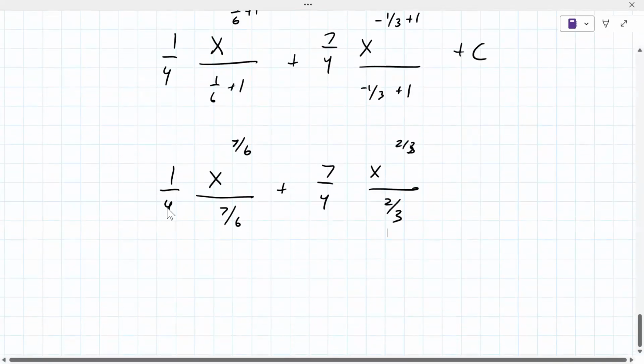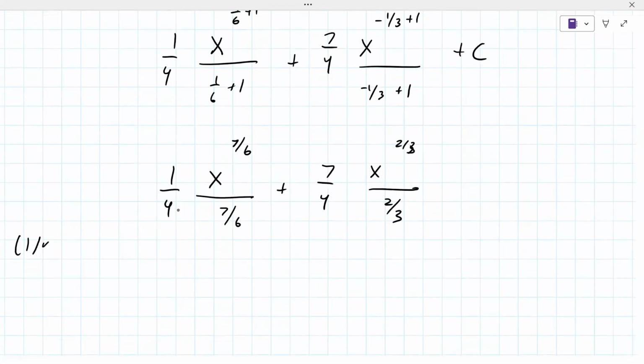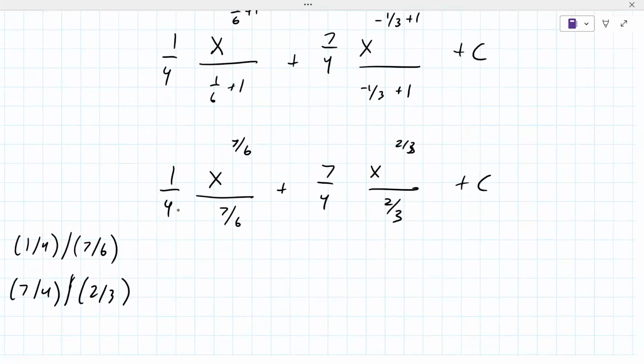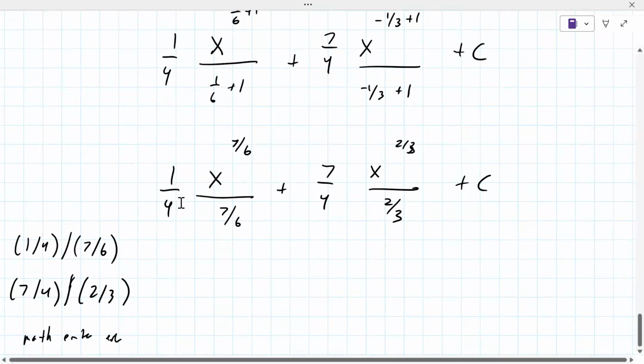If you do use your calculator, just be careful to put it in correctly. It's parentheses 1/4 divided by parentheses 7/6. That will reduce it. Same thing with the one on the right: parentheses 7/4 divided by 2/3 in parentheses, and enter to get your fraction. But having said all that, you're just multiplying by the reciprocal.